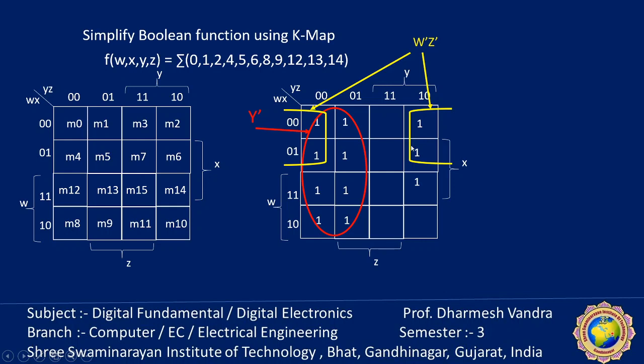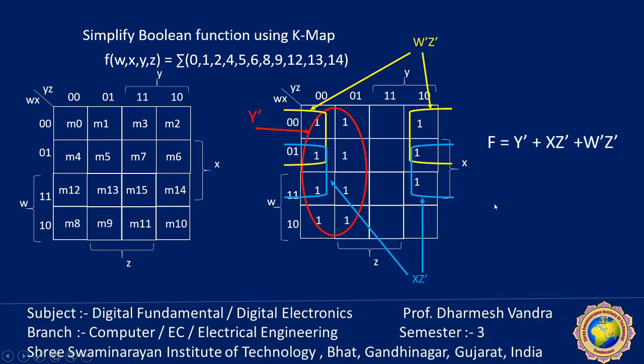Yes. How? These two with the first two. The value of x is 1 in the second and third row, and the value of z is 0 here and here. So this bunch of 4 is a possibility. A bunch of 4 adjacent cells gives the function x z dash.